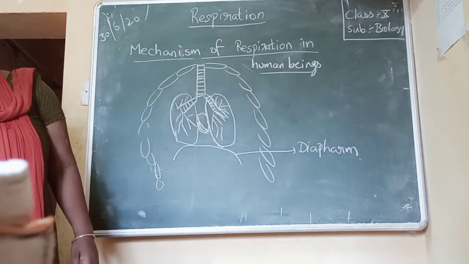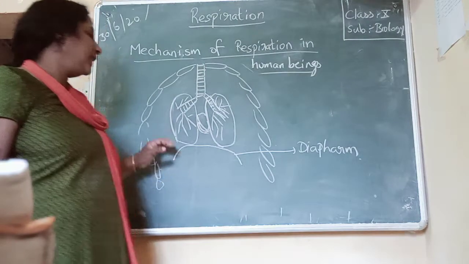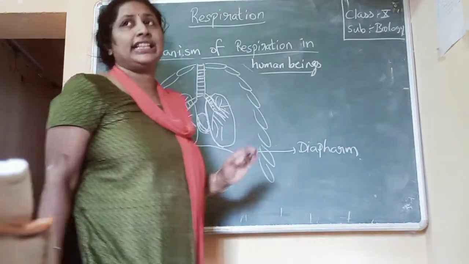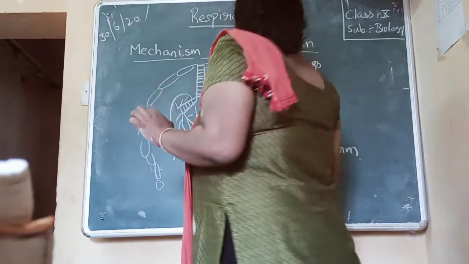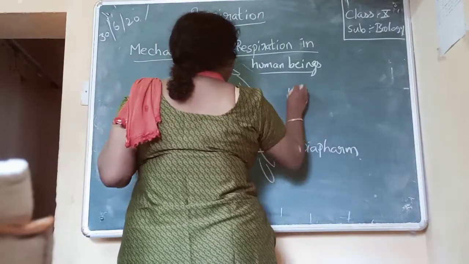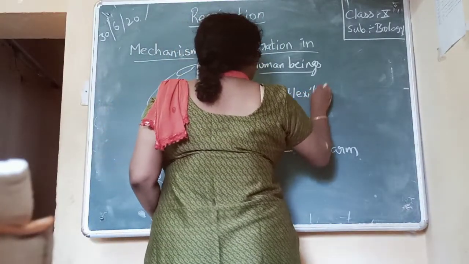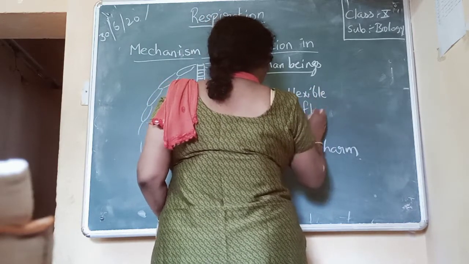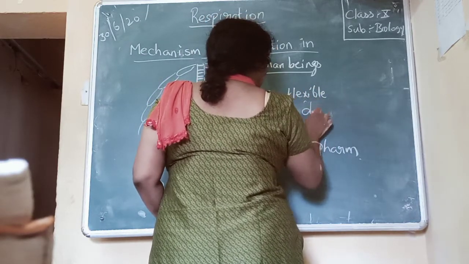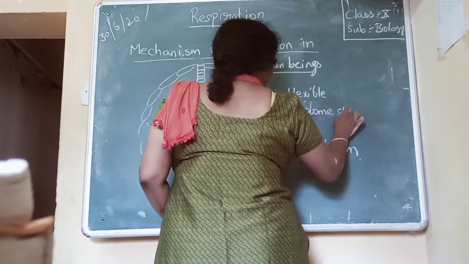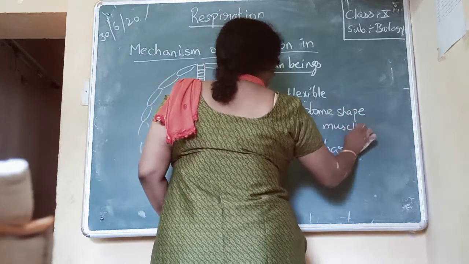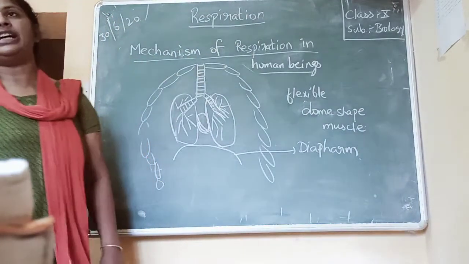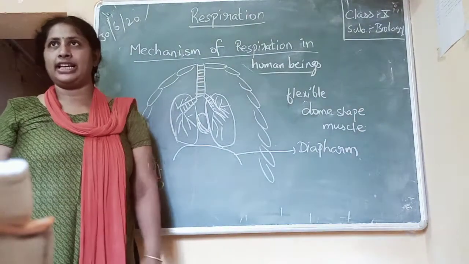Now, the diaphragm is a flexible, flattened, dome-shaped muscle, which is present below the lungs, at the floor of the lungs.